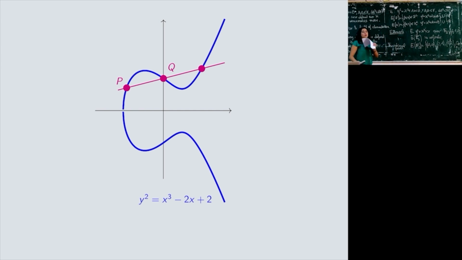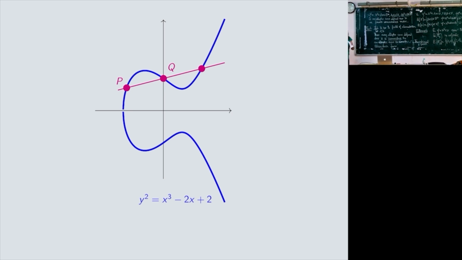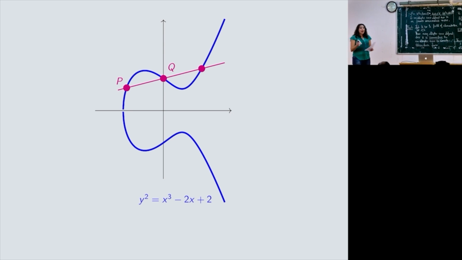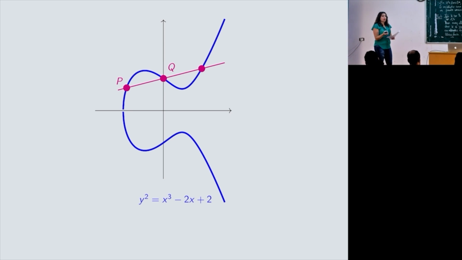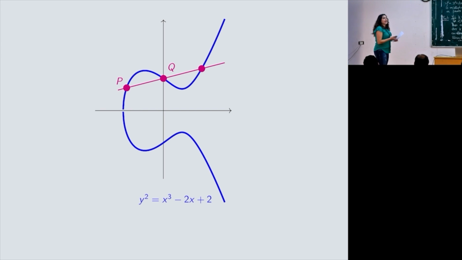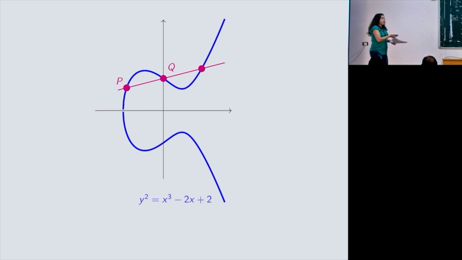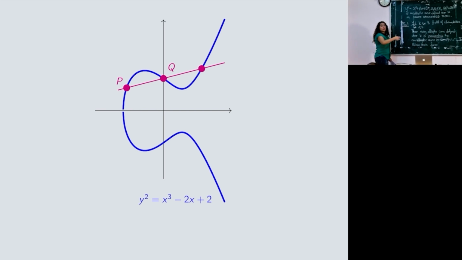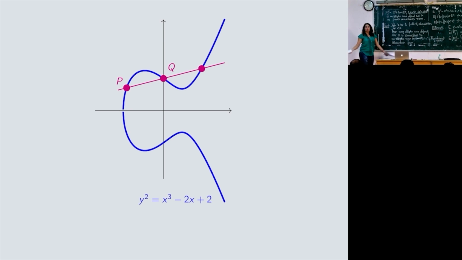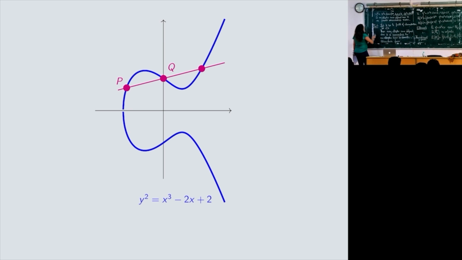Now we're going to understand why elliptic curves are very important for cryptography. What is a characteristic of elliptic curves that makes a difference compared to curves of genus 2, 3, 4, etc.? Okay?